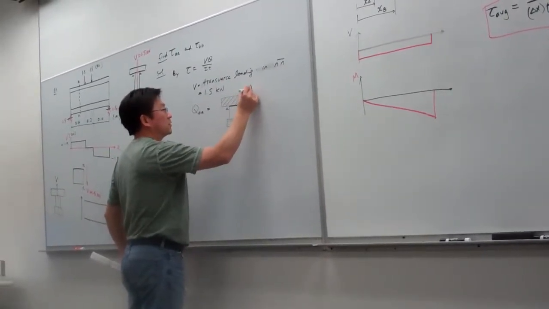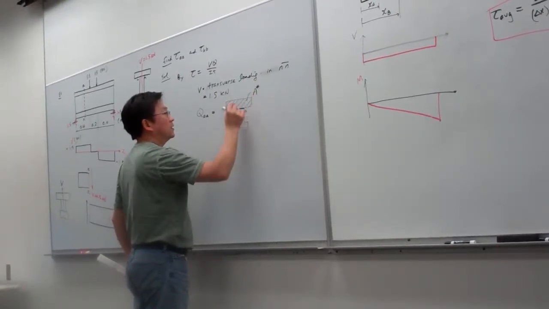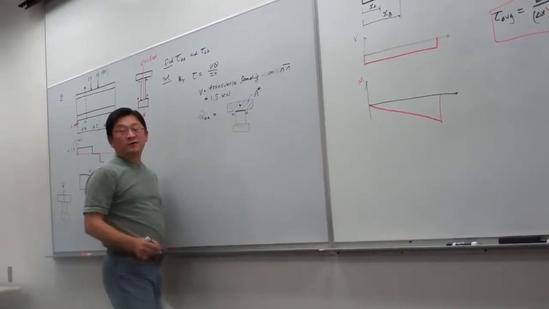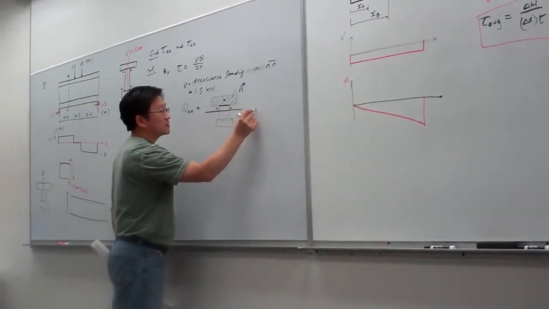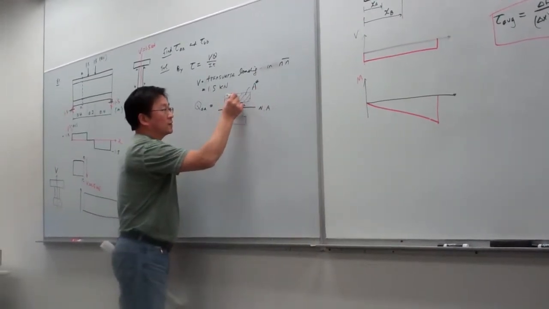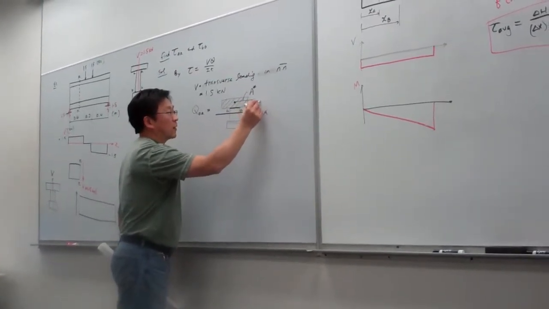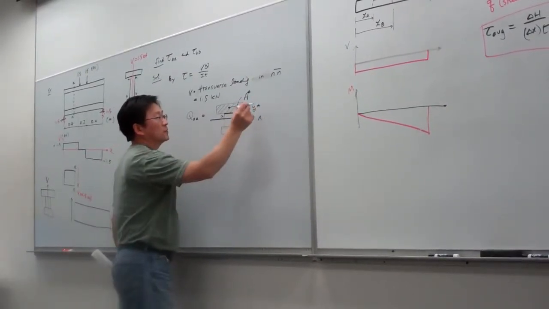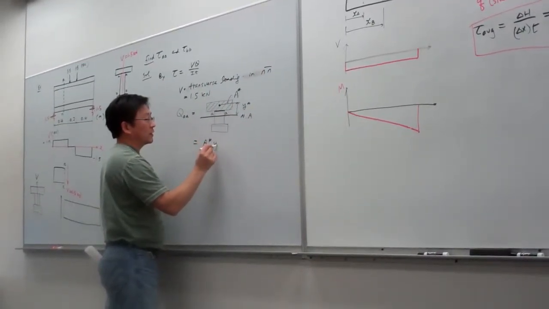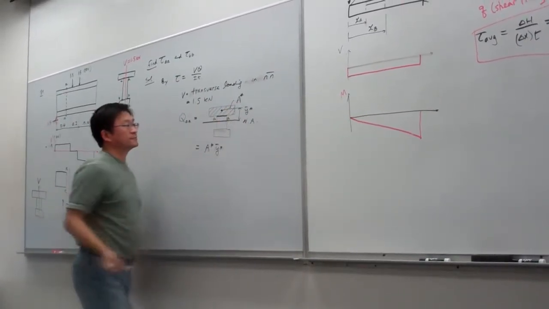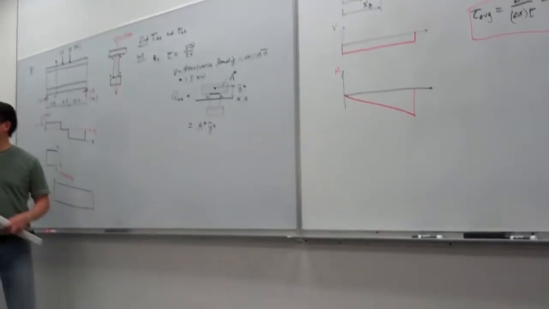Let me call this A star, and this is the centroid of the shaded area, and this is the neutral axis, and this is Y star. So that means Q will be equal to A star times Y star. Okay?